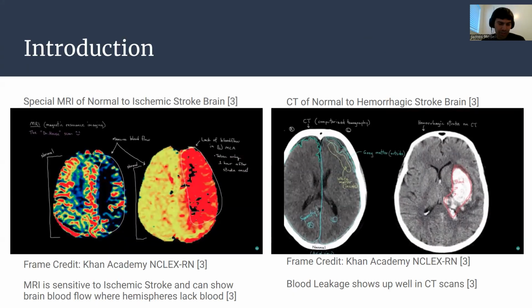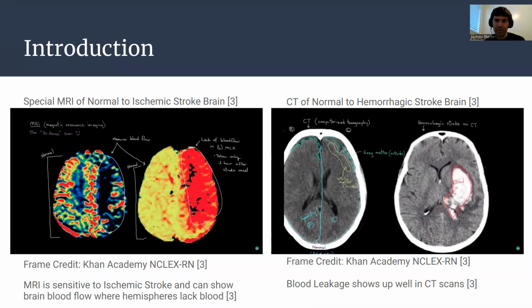The problem that I'm looking to solve is finding stroke lesions in CT scans and MRI scans quicker, more efficiently, and with more reproducibility, to assist the radiologists in diagnosing stroke.